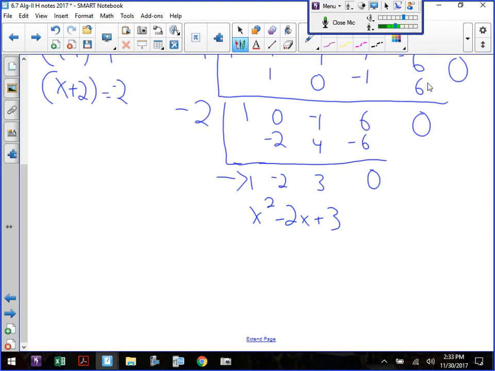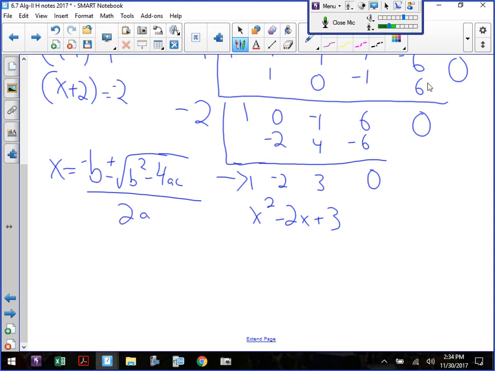What times what's 3 you add together to get negative 2? Nothing. So now, when you're at a quadratic, what do you have to fall back to? The quadratic formula. Remember, sing the song: x equals negative b plus or minus square root b squared minus 4ac all over 2a.